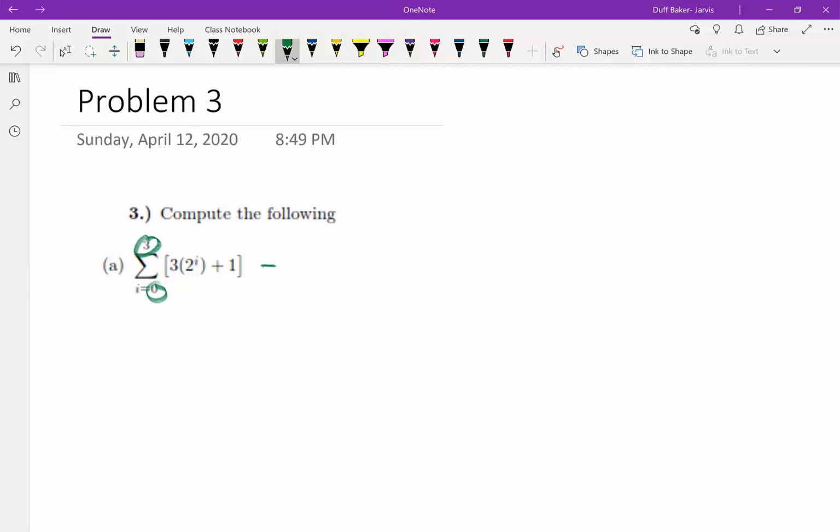So this one just means your first term would be plugging in 0, because your counting index started at 0, plus 1. Then you would increase i by 1, plug that in. Right, we're taking i and we're plugging them in here, right? And then you do this until you get up to plugging i equals 3 in.